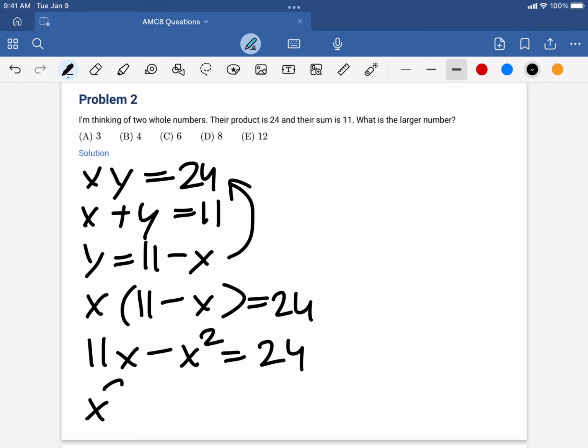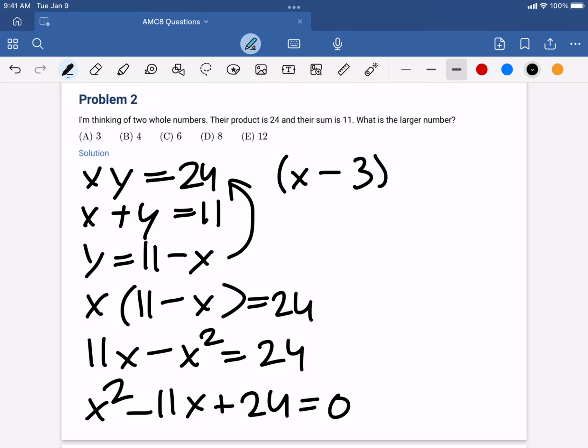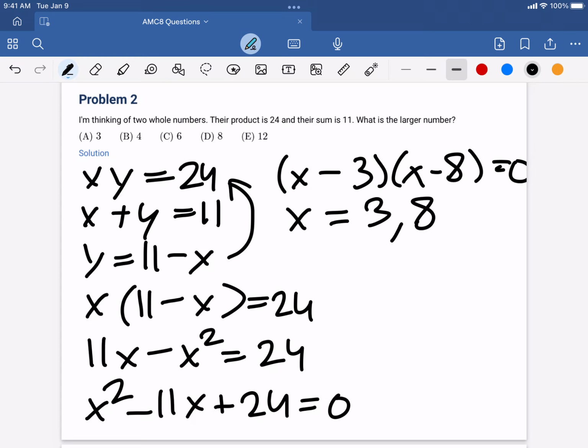Rearranging gives us x squared minus 11x plus 24 is equal to 0. Now we can easily solve this quadratic by factoring and we get x minus 3 and x minus 8 is equal to 0. So the two values are going to be 3 and 8.